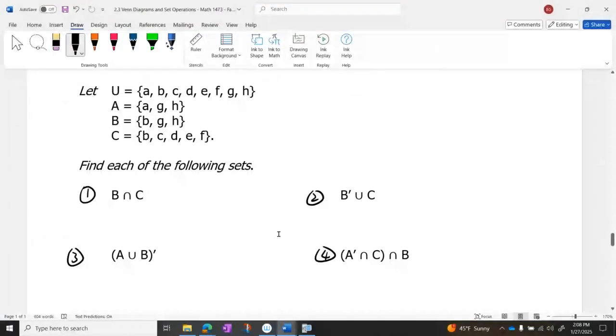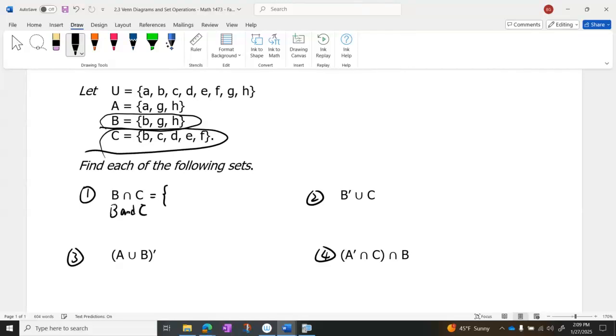All right. So the first one, B intersect C. When you see B intersect C, you can just read it as B and C. What is B and C? What elements are in B and C? B is here.